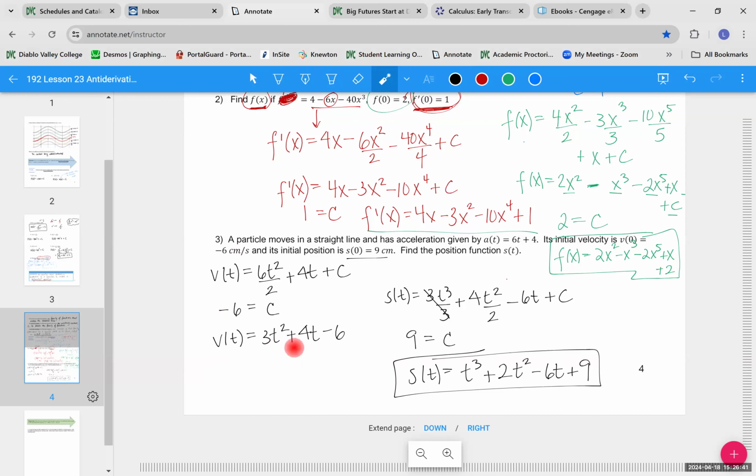So that gave me a velocity function that I then took the antiderivative of again and used the s of 0 equals 9 to plug in 0 for the t. All 3 of these go away again. I'm left with just c on the right side. And so c is 9, and there's my final position function.